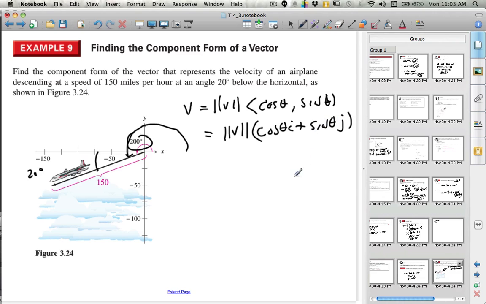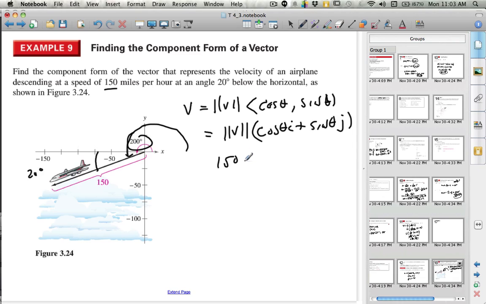So we're going to start with that, and we know the magnitude is 150 miles per hour. We know the angle is 200 degrees.